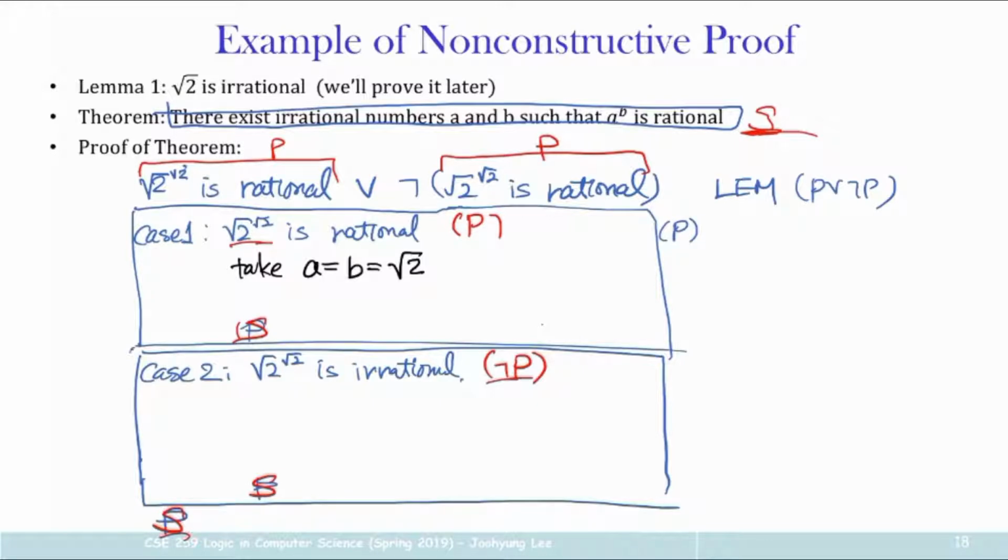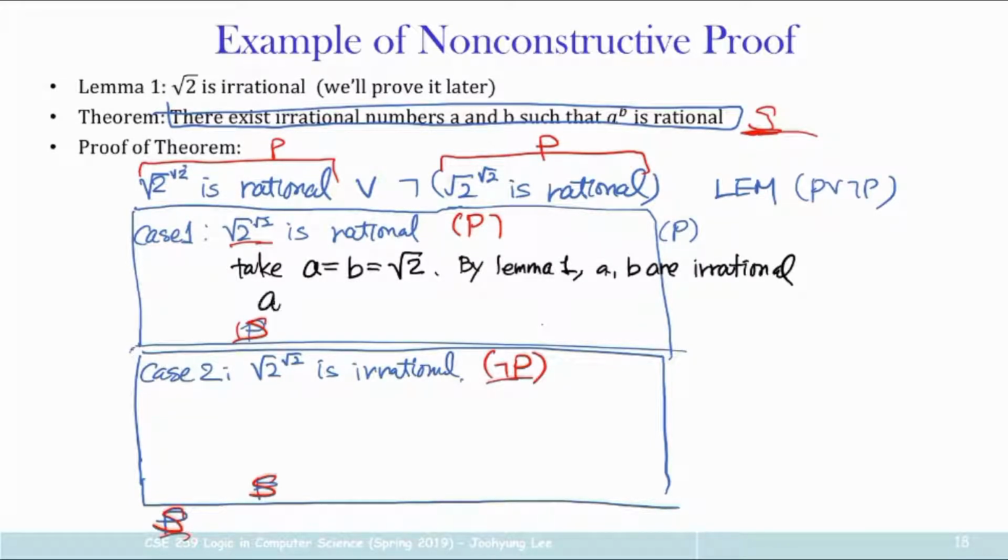How about a to the power b? Is it rational or irrational? So by lemma 1, this a and b are irrational, right?